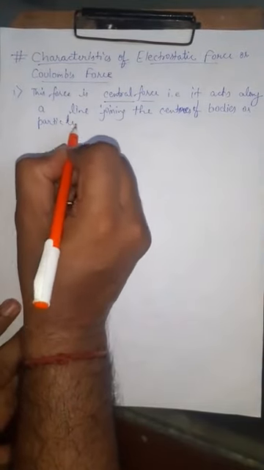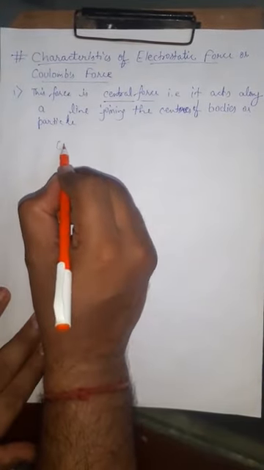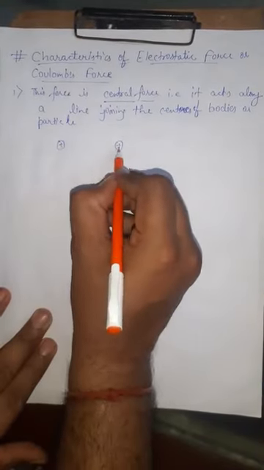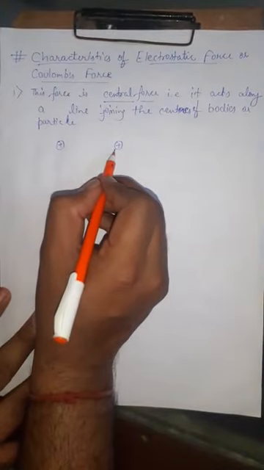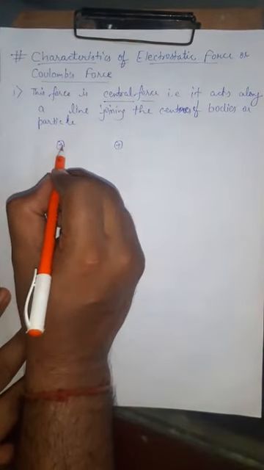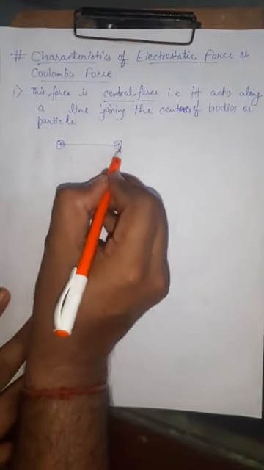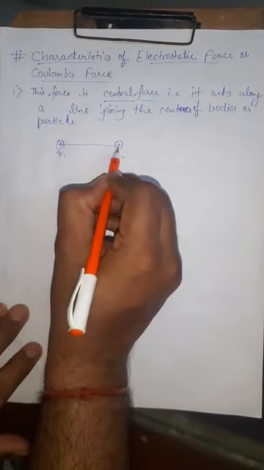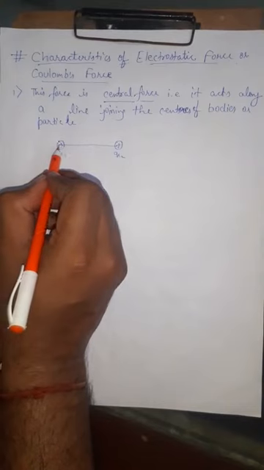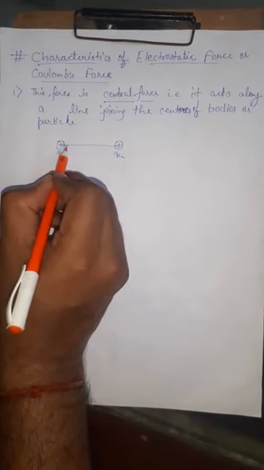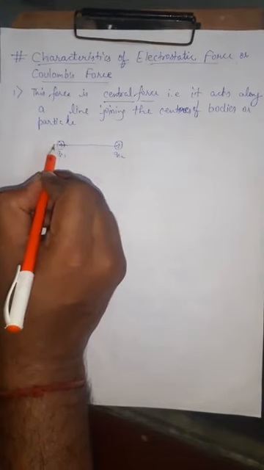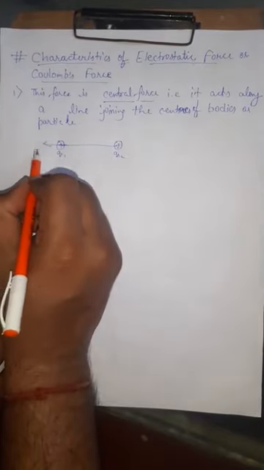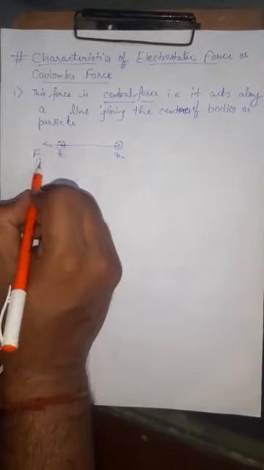That is, if these are the two charges, let's say positive charges, so we know that positive charges repel each other. So this charge Q1 will apply a force on Q2 in this direction, that is F on 2 due to 1, and this charge Q2 will apply a repulsive force on Q1 in this direction, that is F on 1 due to 2.